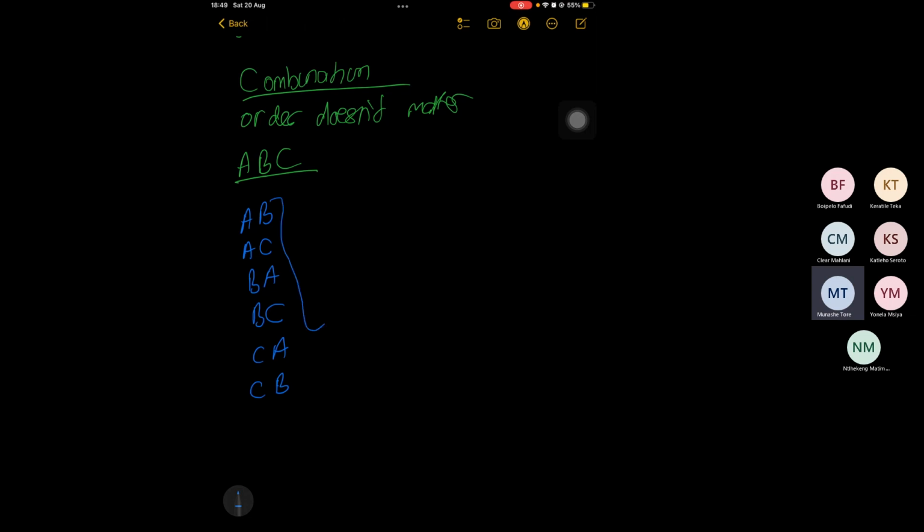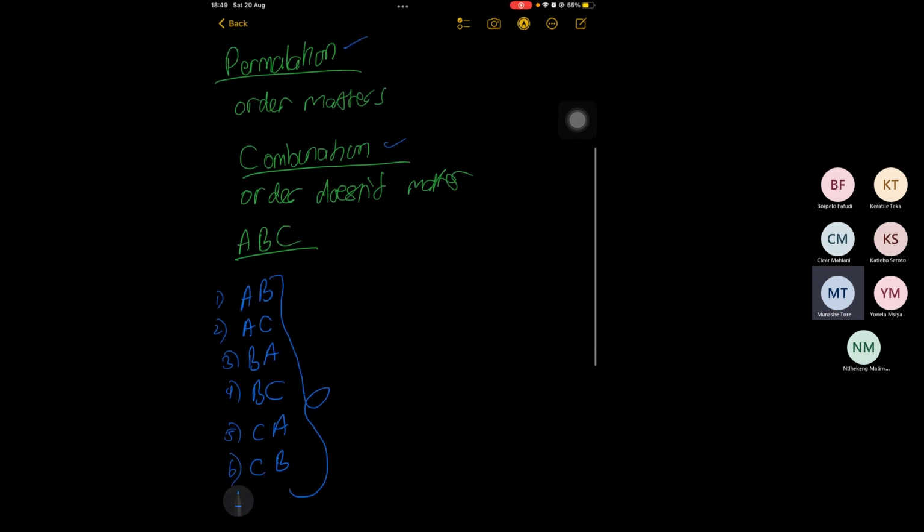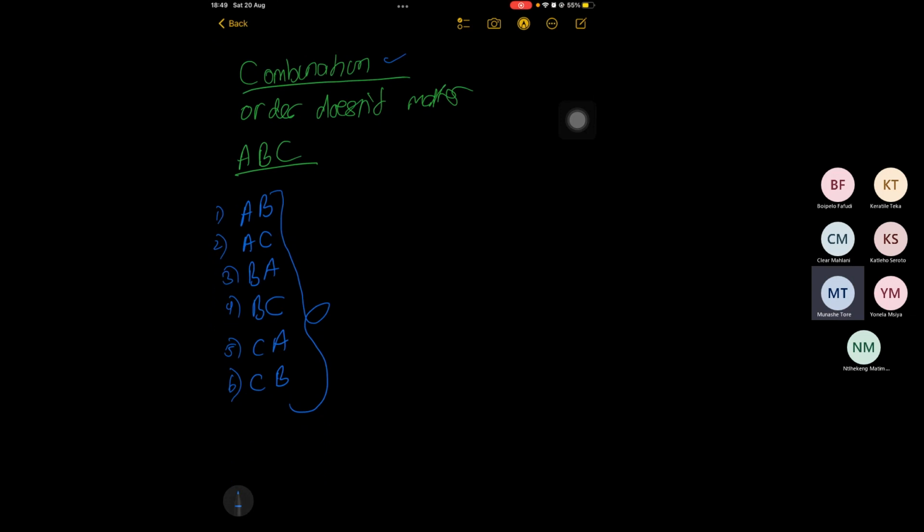If you count these, we have 1, 2, 3, 4, 5, 6. Going back to how we defined a permutation and combination, if order matters, from this we have 6 permutations.